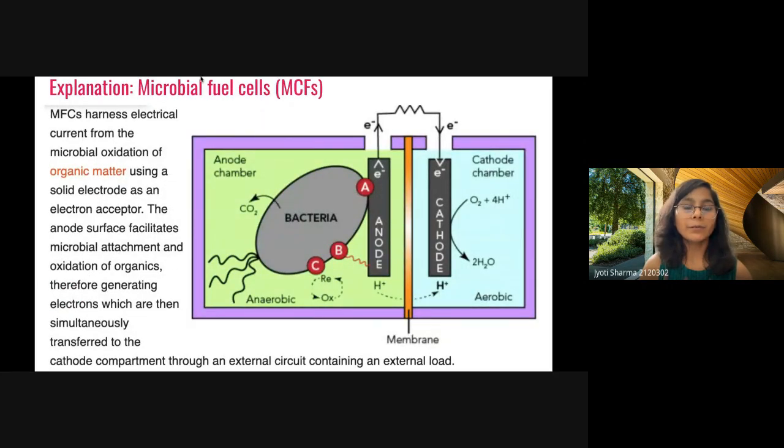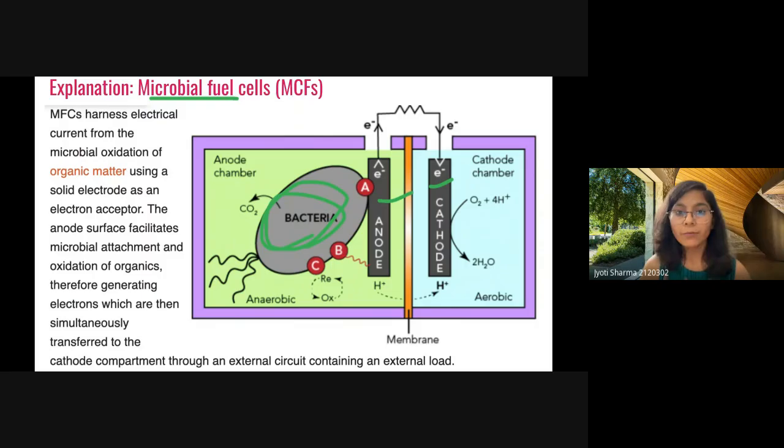But before that you have to learn what this microbial fuel cell is, right? If I'm talking about the material, what items do we have in this microbial fuel cell? As I told you, we have the anode, we have the cathode, and attached to the anode is your microorganism, your bacteria.